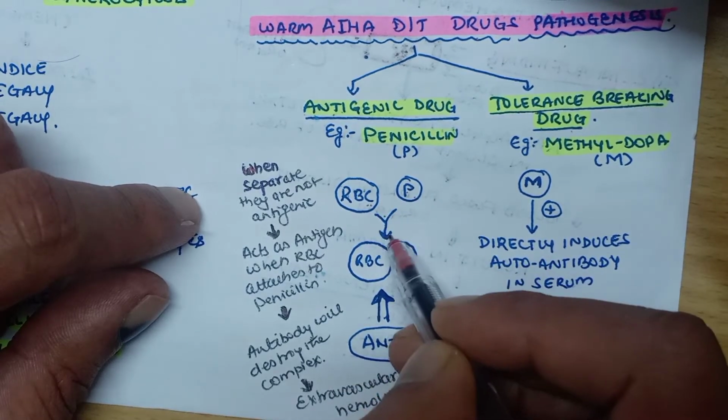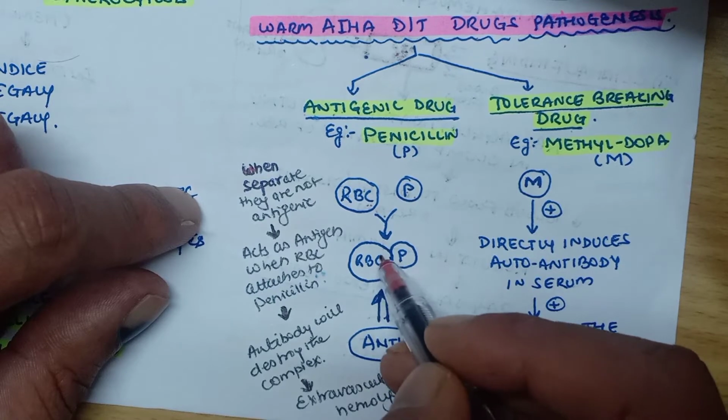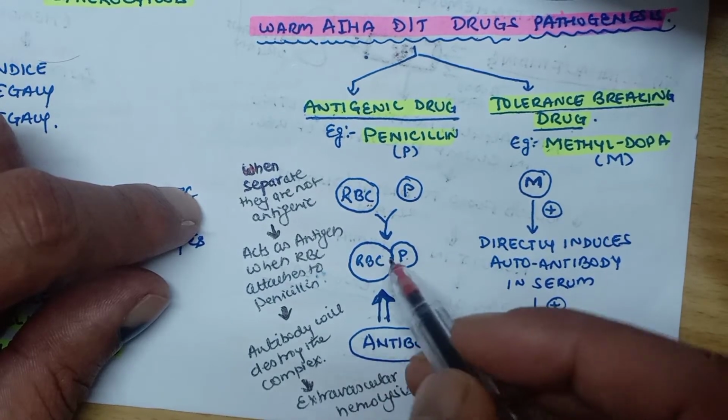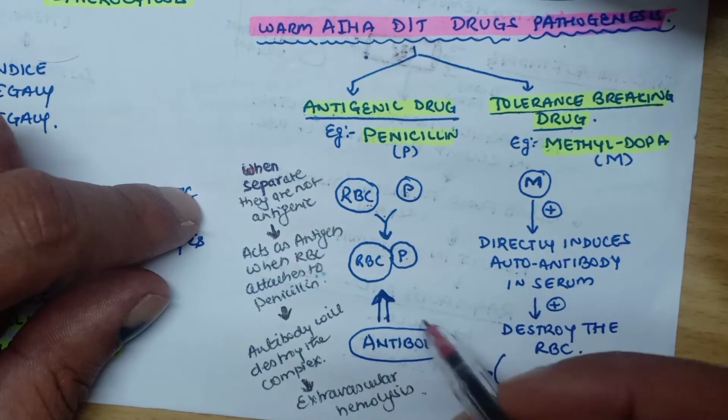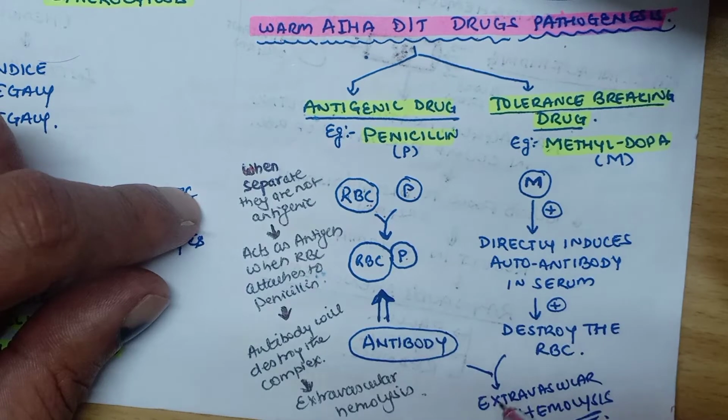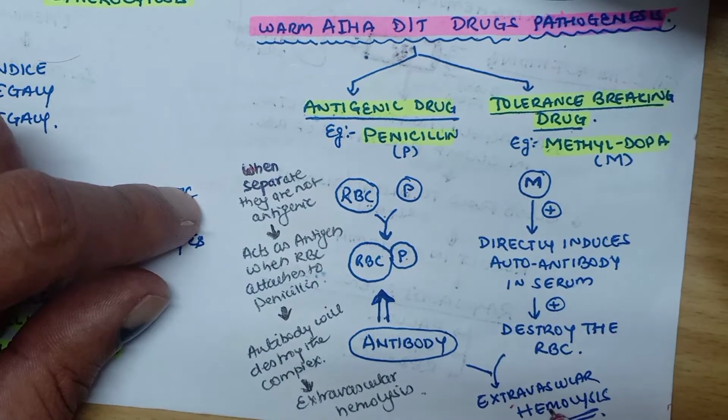But once they combine to form a complex of RBC and penicillin, they will act as an antigen. When they act as an antigen, the antibody will detect it and destroy it, resulting in extravascular hemolysis.